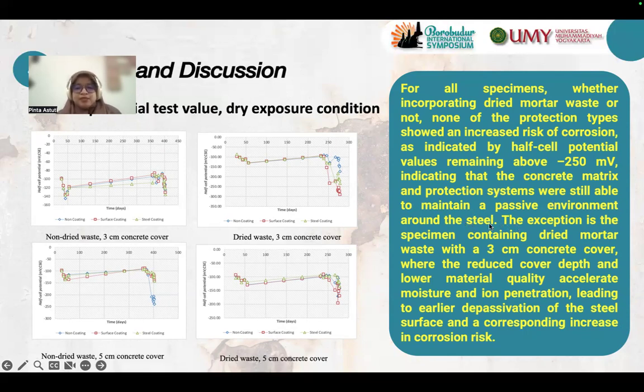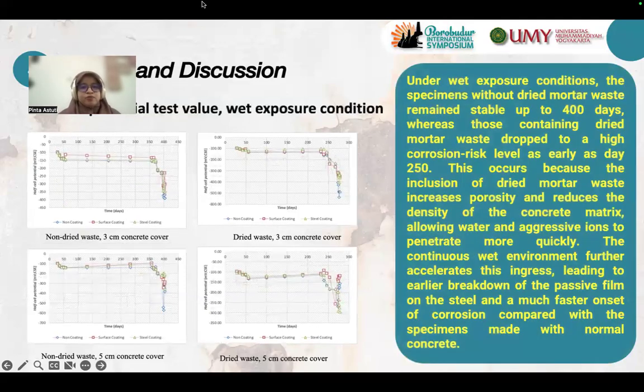The exception is the specimen containing dried mortar waste with a 3 centimeter concrete cover, where the reduced cover depth and lower material quality accelerate moisture and ion penetration, leading to earlier depassivation of the steel surface and a corresponding increased corrosion risk.